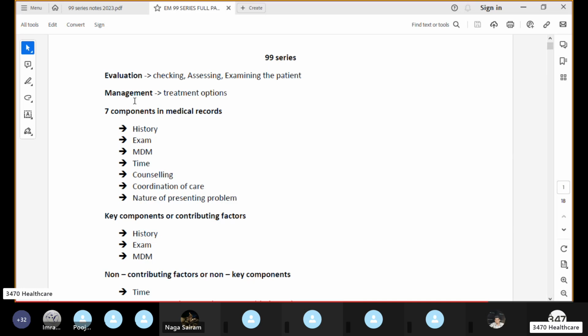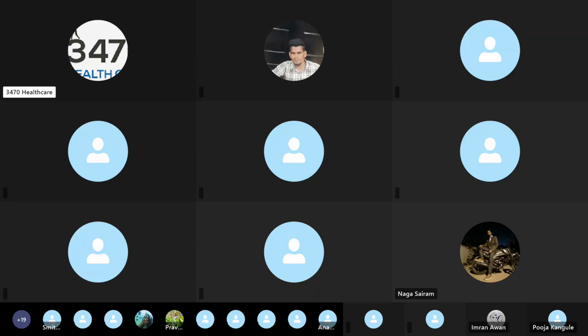That's 7 components. What are the 7 components to document for every patient? History, exam, MDM, time, counseling, coordination of care, nature of presenting problem. Please look at these 7 components.